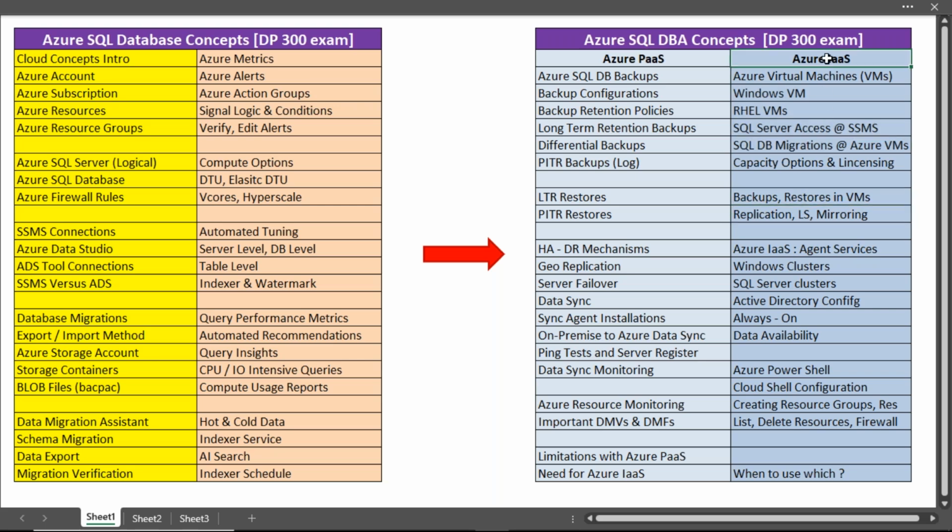So whatever we learned in our on-premise concepts, everything comes here, including user database rebuild, system database rebuild, log space issues, TempDB issues, memory issues, processor issues, whatever we learned in the earlier classes. Clusters, always on, PowerShell activities, and comparisons.